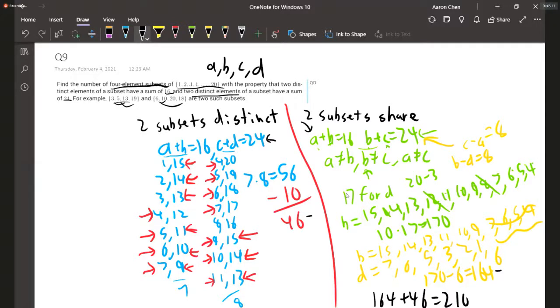D is the final term of the four element subset, because in the equation you're given A, B, and C, but you have nothing dealing with D. Okay, thanks. Does anyone have any other questions?